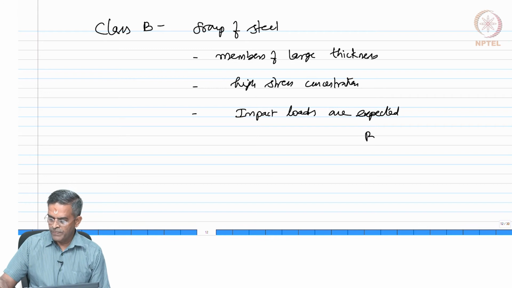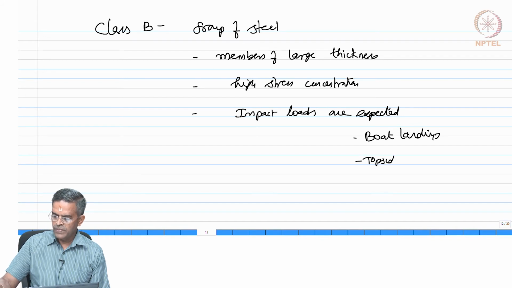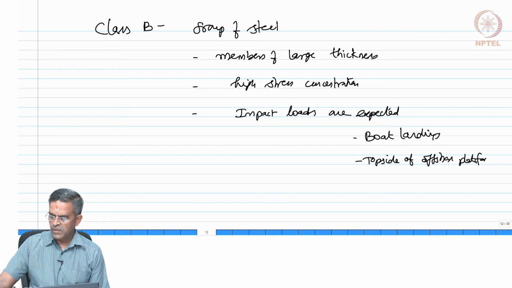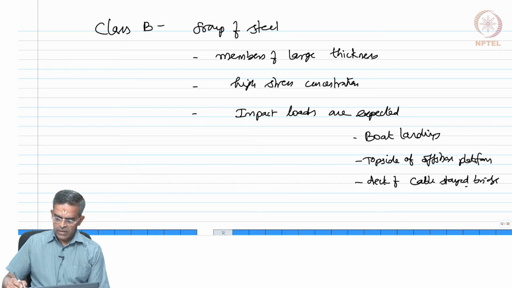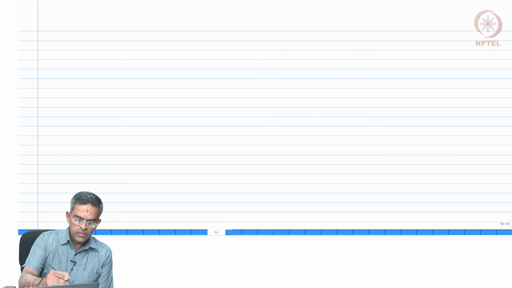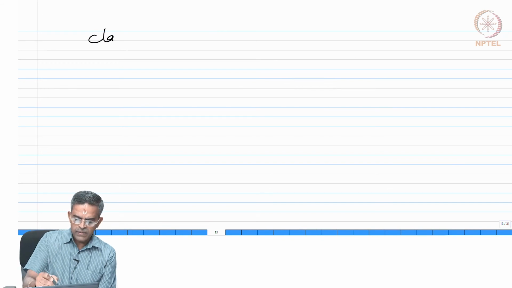Examples could be boat landings, topside of offshore platforms, deck of cable stay bridge, etc. Now, let us talk about class A steel.